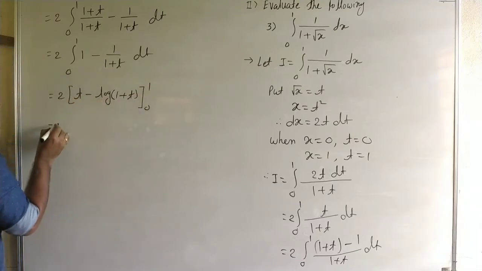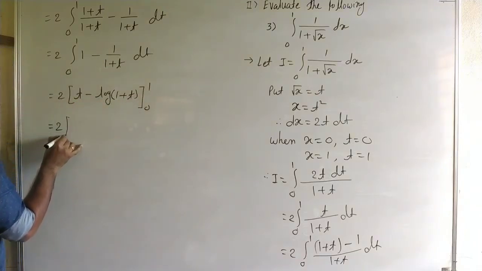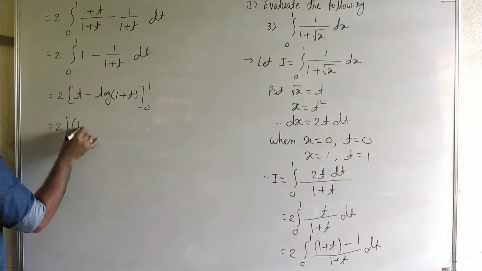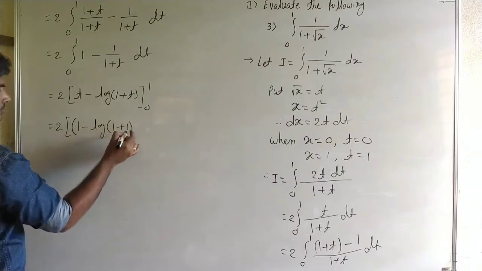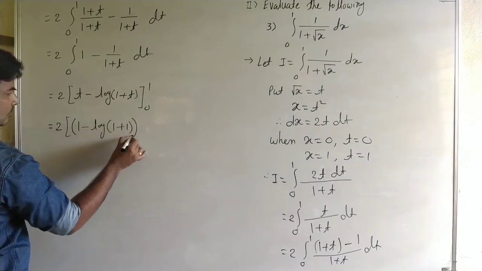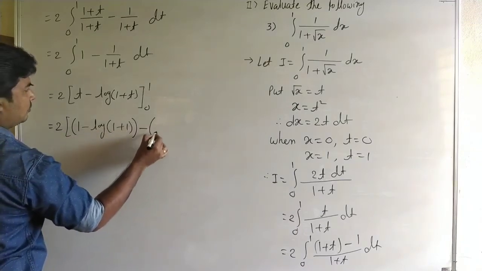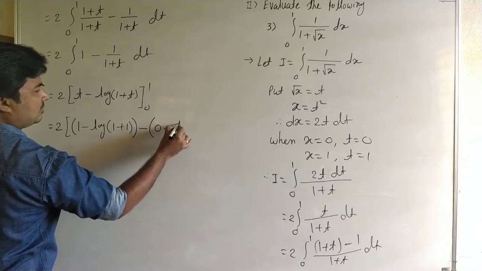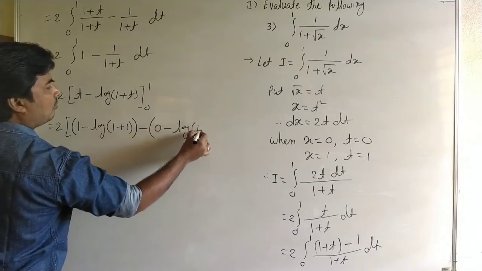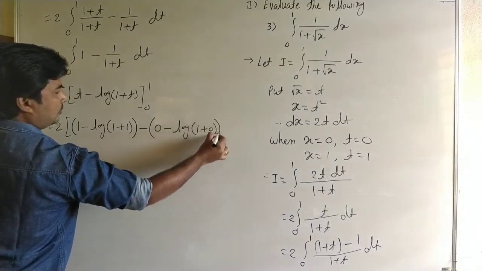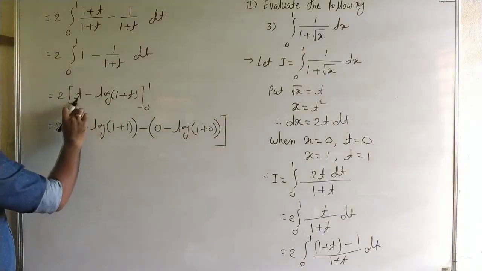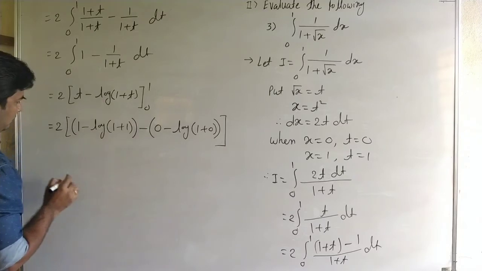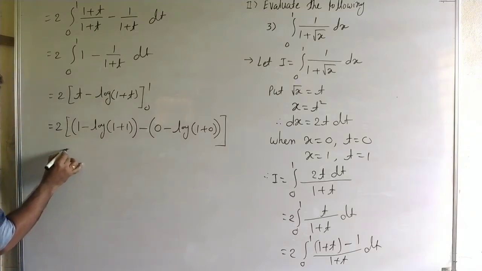Now take the upper limit minus lower limit. It is 2 as it is. It is 1 minus log of 1 plus 1 minus 0 minus log of 1 plus 0. Okay, see carefully. First we take the upper limit, that is 1, and then we take the lower limit, it is 0. Now calculate.